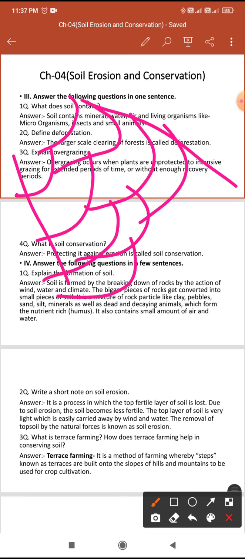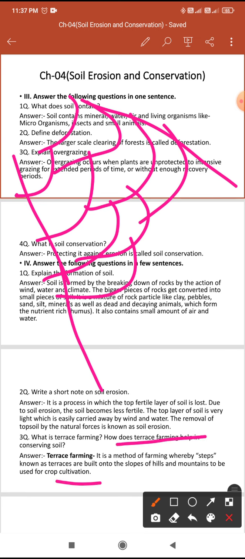So this is terrace farming, where terraces are built onto the slopes of hills and mountains to be used for crop cultivation.